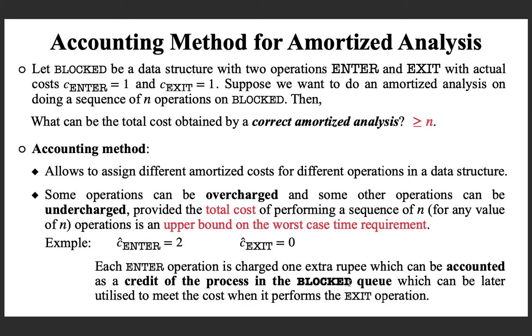Okay, the extra rupees paid or the extra time assumed for execution is accounted as a credit of that process in the blocked queue, and that is why this is called the accounting method. An operation can be overcharged and the overpayment will be accounted as the credit of that particular object. Okay.